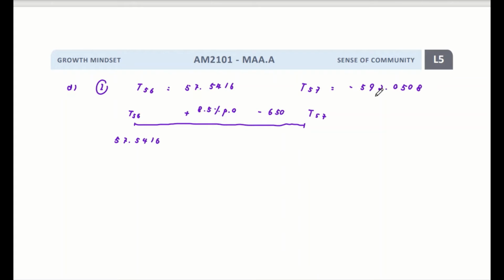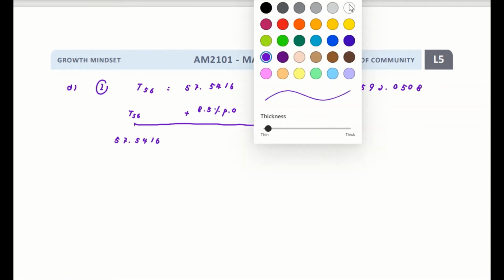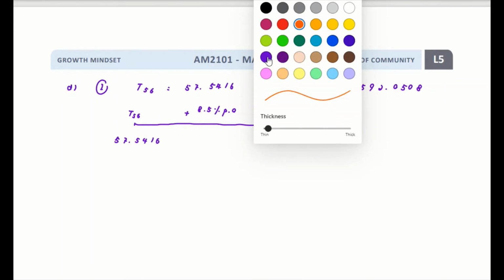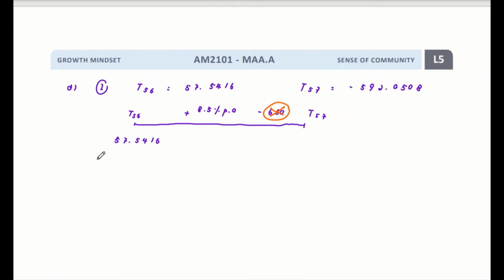Until here, I hope that you can see the two methods you can use to solve this question. For the first one, from the timeline, you can see that the value I am going to repay here is no longer 650. It's going to be the value after adding this 8.5% per annum to the total amount of money that I'm owing. So the final payment is going to be equal to 57.5416. This is why we write more decimal places, because we are using this to do some calculation.